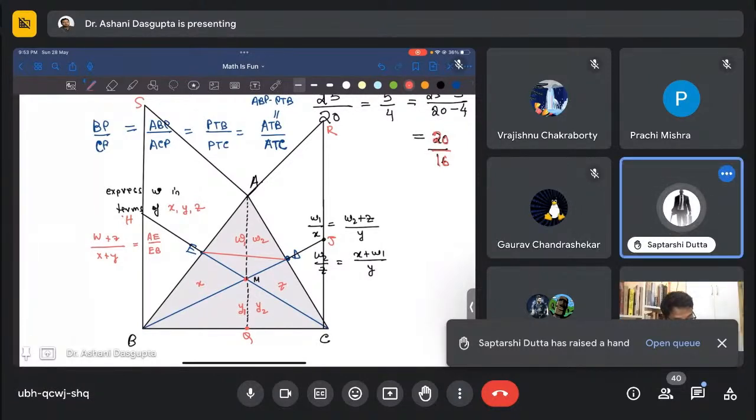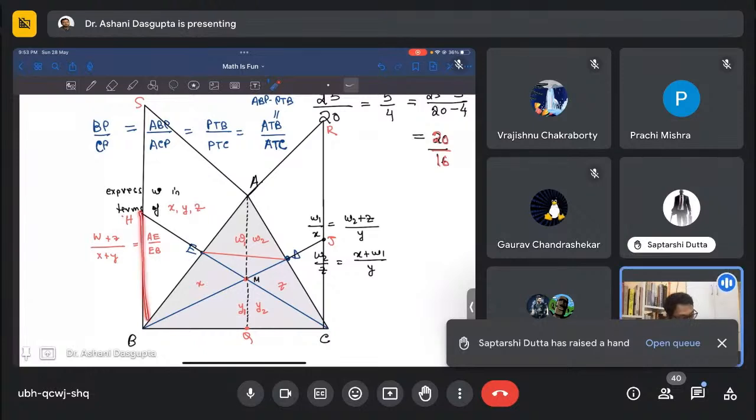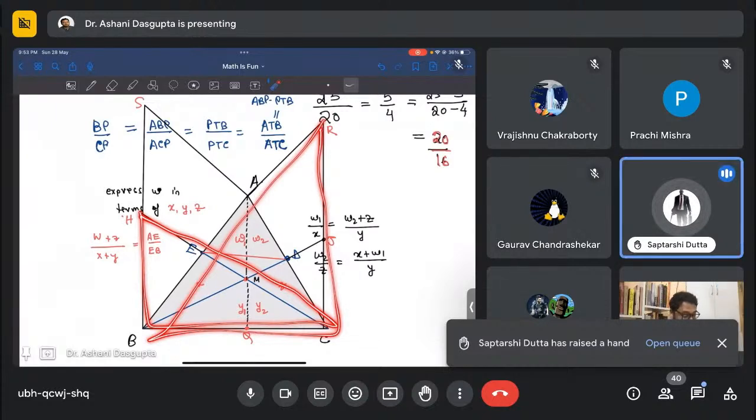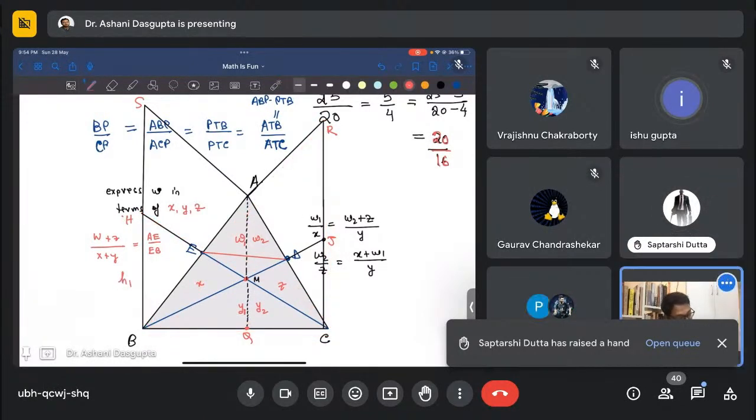So if you consider triangle RBC and triangle HBC, RBC and HBC, we call HB as some H1 and the other one H2, and call the line MQ as H3.